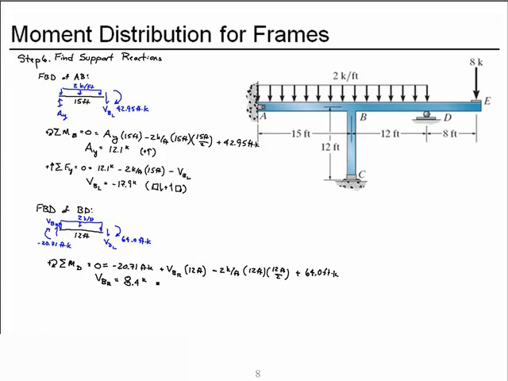We get a positive 8.4 kips using our standard sign convention for positive internal shear.